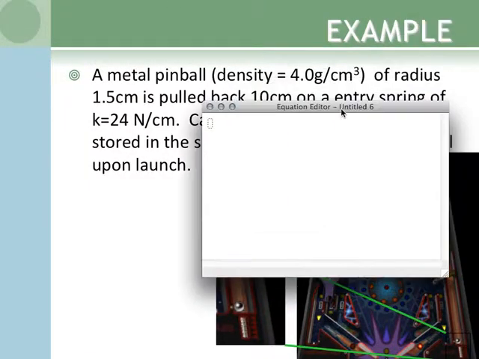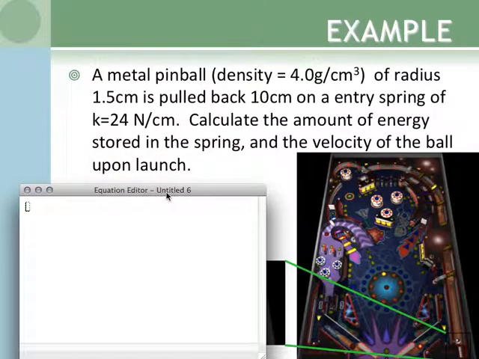So the density is told to us, and the density formula is mass over volume. And so if we multiply both sides by volume, we get that mass is the same thing as density times volume.